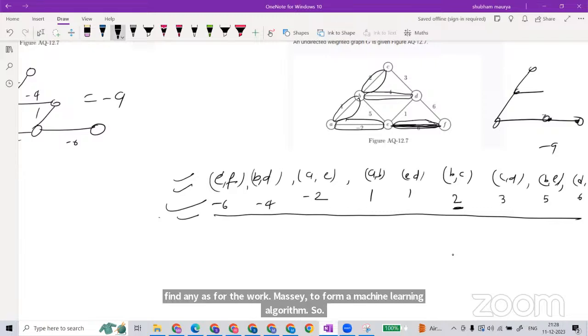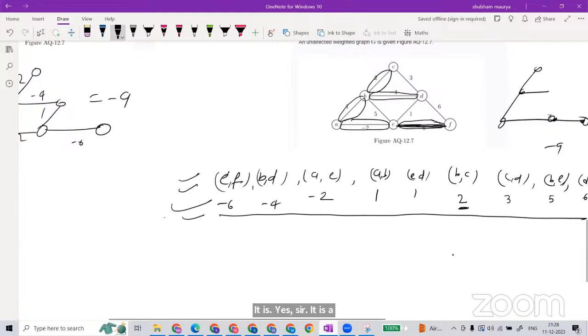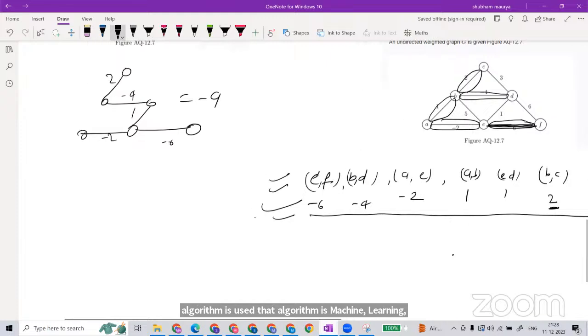Yes, sir, it is a bit complicated, but I guess with time we'll know. That is tree forming. That algorithm is a machine learning algorithm that uses a tree format.